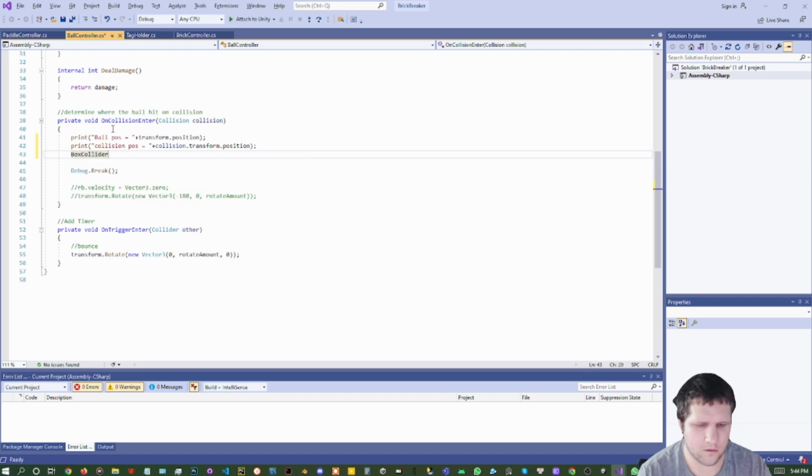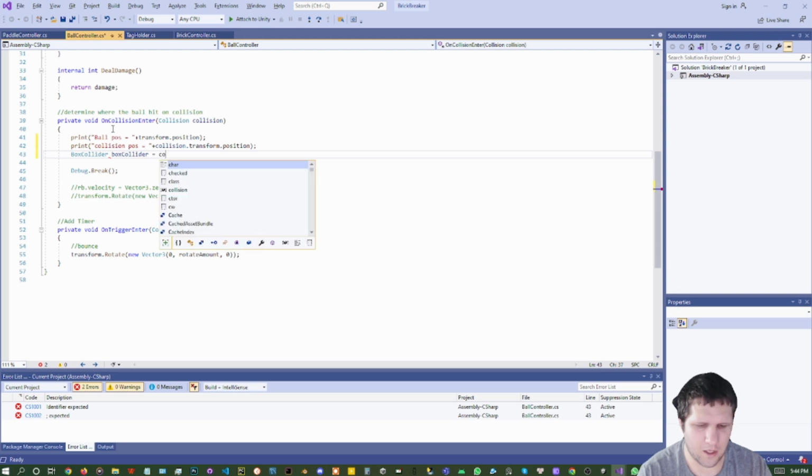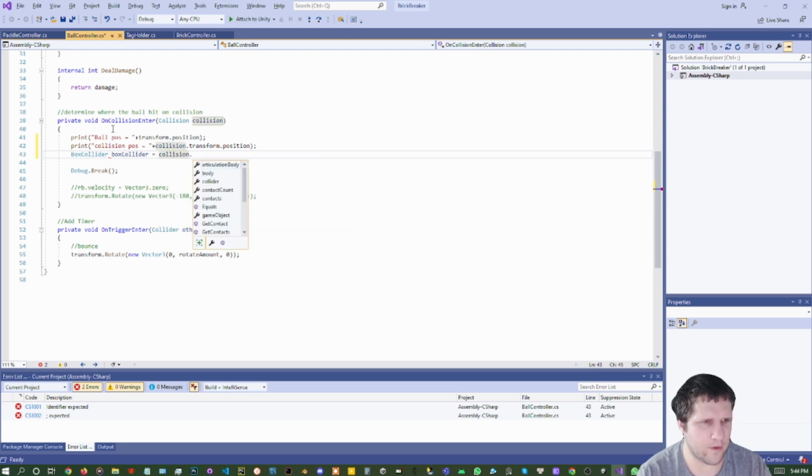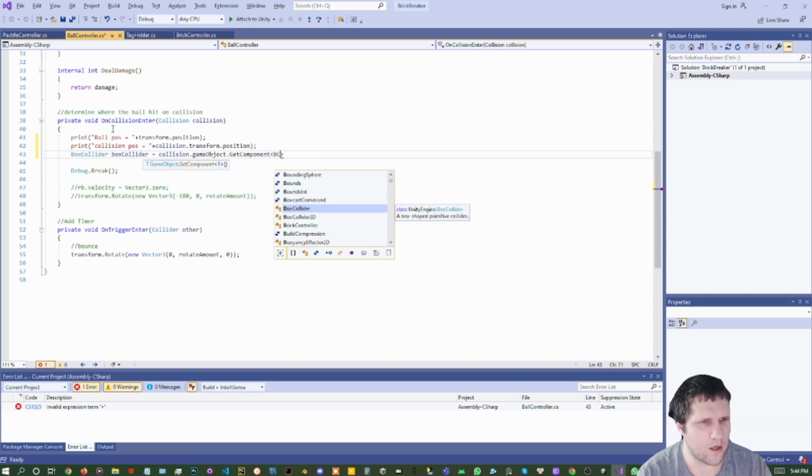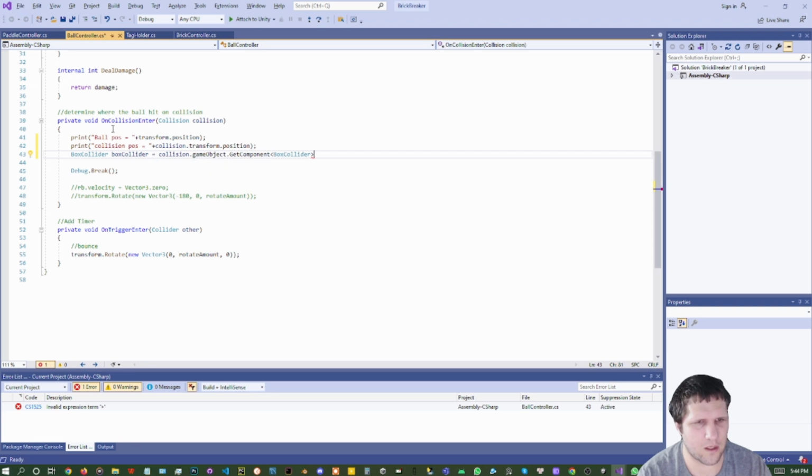So let's say box collider equals collision.get component. Okay, collision.gameObject.get component of the box collider type.